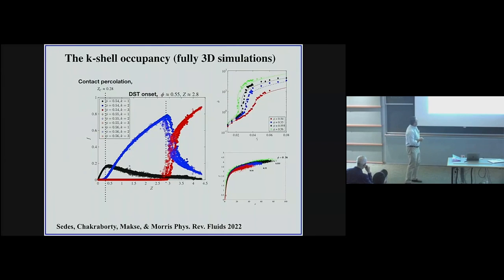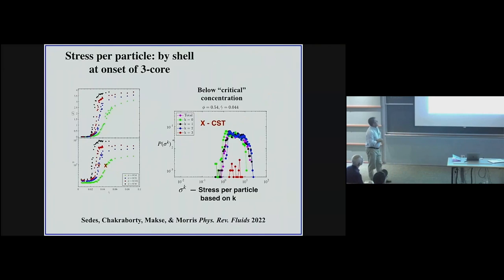Okay, so again, here's the rheology for these different cases. And we're seeing that in this region at the CST-DST transition, there is some significant change. So what we did was to try to ask, well, mechanically, what's going on? We sampled the stress per particle by what core, the maximum core it existed in.